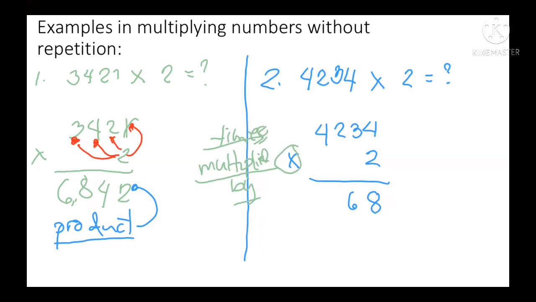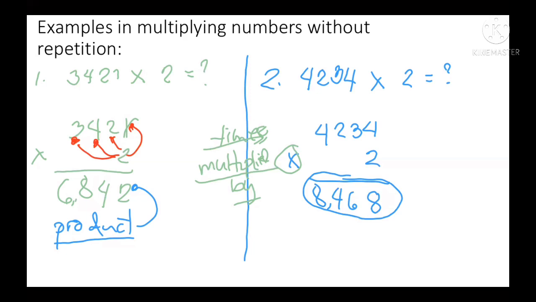Yes, that is 4. And then 2 times 4. 8. Good job. So what will be our product? 8,468. Super easy, right? Okay, good job.